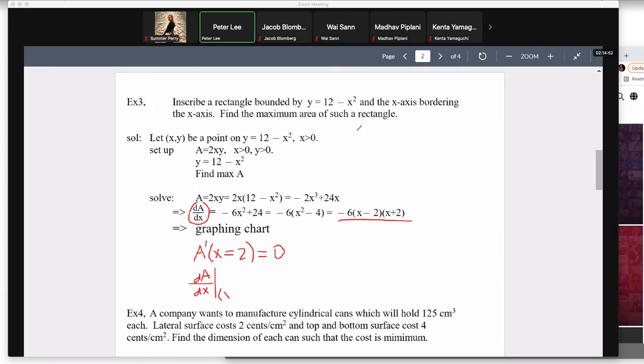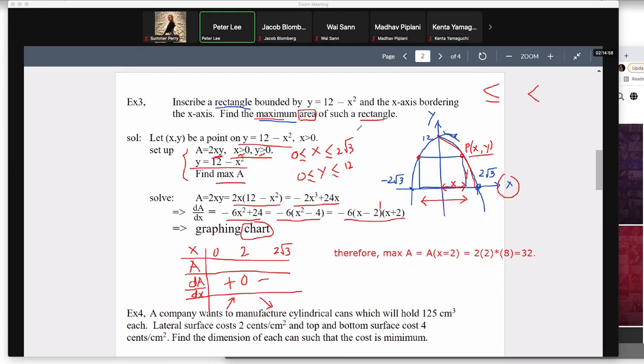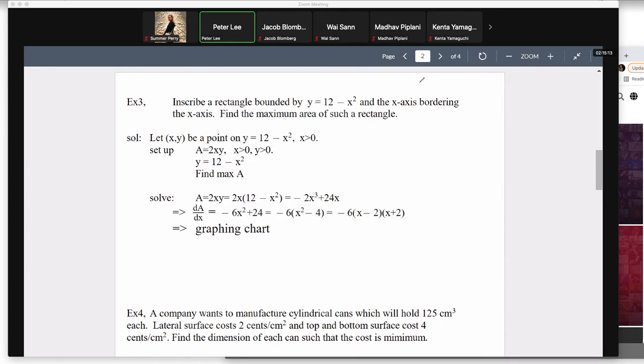Let me see what I did. Okay, max A, yes. I think I wrote the arrow the wrong way. It should be going up and going down. There's the max. Okay, I saved already, so that's clear.